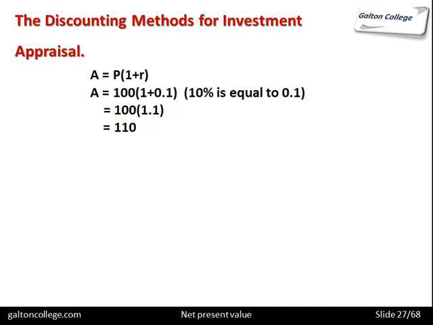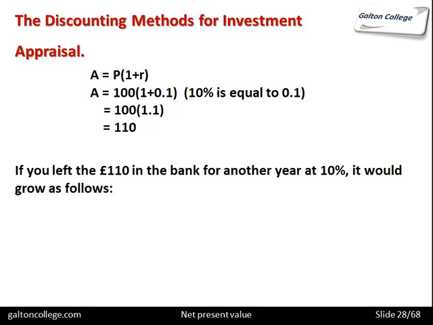That's our formula. That's our previous calculation, the one we've just done. I just moved it onto this slide, so that we can see it and work with it. So we know that A is equal to P multiplied by 1 plus R. Now if you left the £110 in the bank for another year at 10%, it would grow as follows.